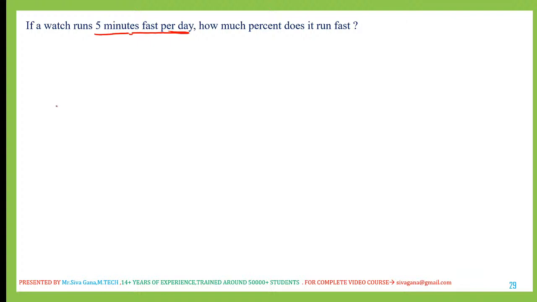Okay, so one day in the sense 24 hours, each hour 60 minutes. In this duration, it is running 5 minutes fast, which means gaining. We need percentage.